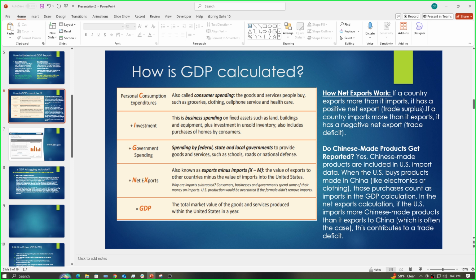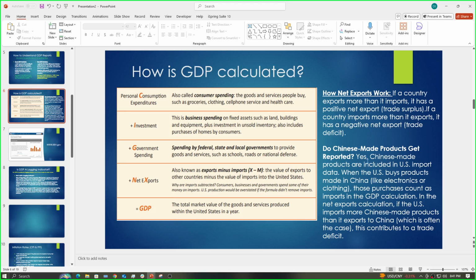So now, do Chinese-made products get reported? Yes. Chinese-made products such as NVIDIA, right? So that's not a U.S. company, right? So all of these people that are buying these chips from overseas, TSM, right? That's overseas. So in that case, if these are Chinese-made products, that's an import.